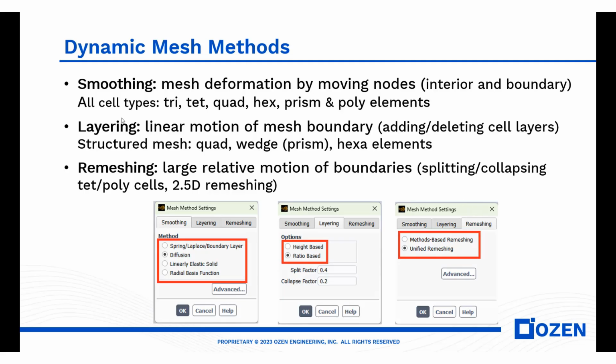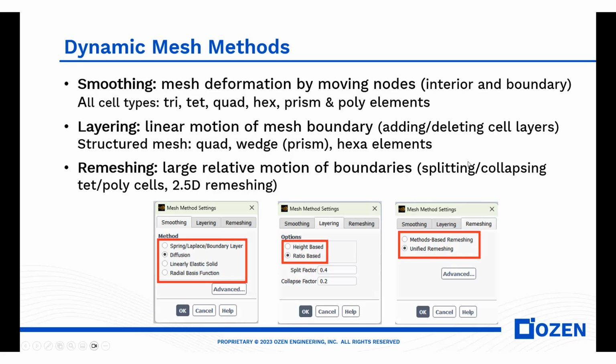The next method is layering, and it is used when we first of all have a structured mesh. So it only applies to quad elements in 2D and to wedge, prism, and hexahedral elements for three-dimensional simulation, when we have linear motion, and this linear motion could be translation or rotation.